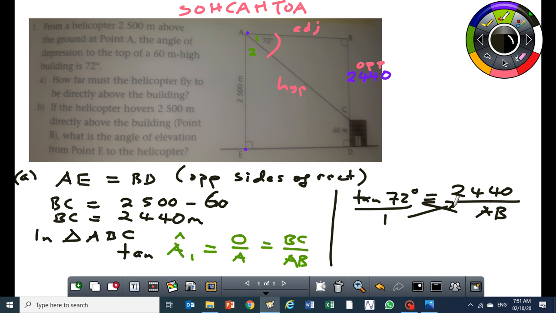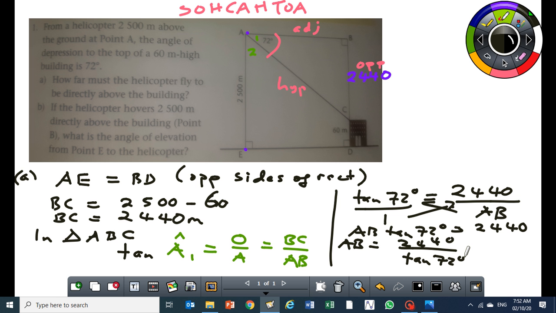When you cross multiply, you get AB times tan 72 degrees is equal to 2,440. We want to find AB, so AB will be equal to 2,440 divided by tan 72 degrees.